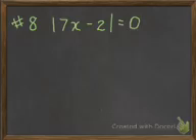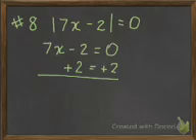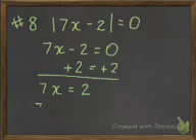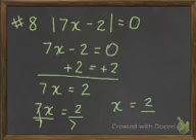In other words, we're trying to find what x value will make this expression equal to 0. Solve for x to find that x value. And we get that x is equal to 2/7.